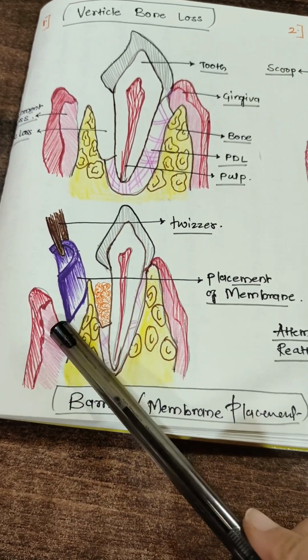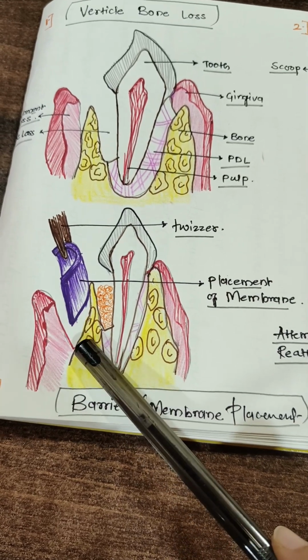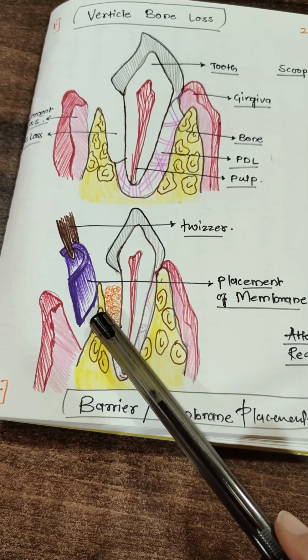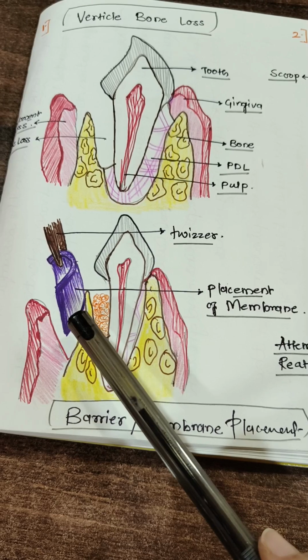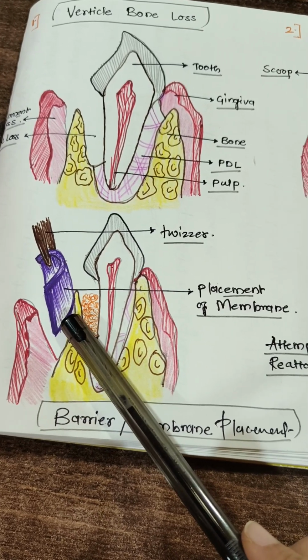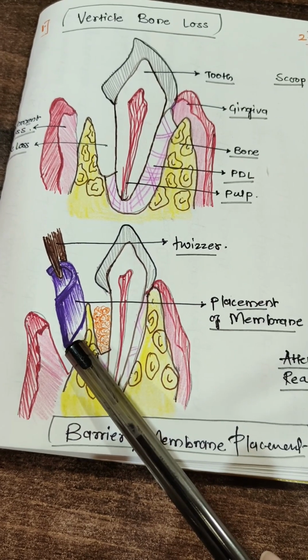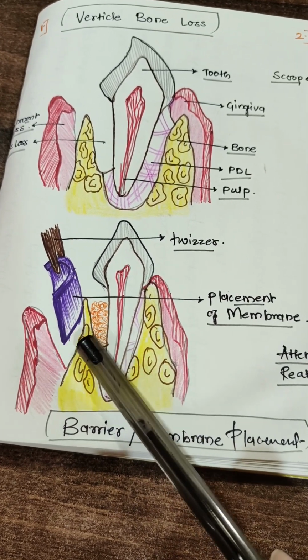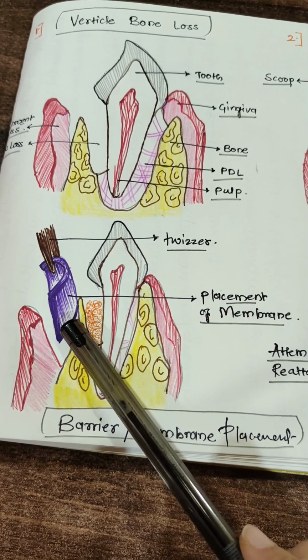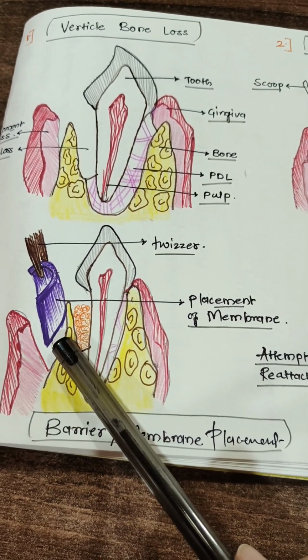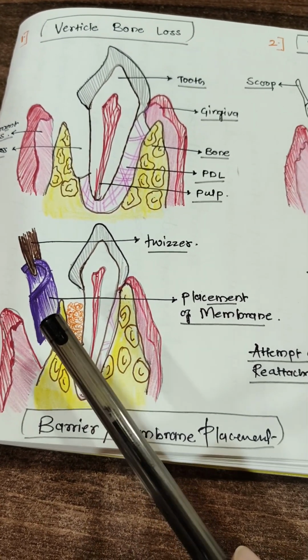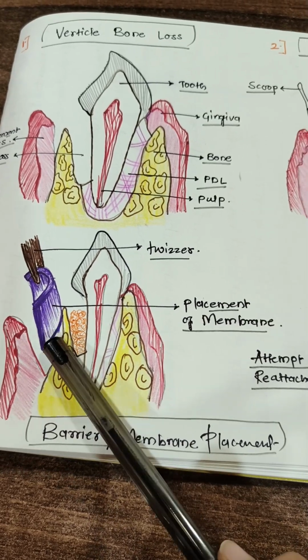Now in this case, as it is placed in between the gum and the bone, there is exclusion by this membrane of epithelial migration and connective tissue migration into the graft. So there is exclusion of epithelial and connective tissue cells, and there is repopulation of this space or this defect only by periodontal ligament cells. So there is an assumption that only PDL cells have the ability to regenerate.